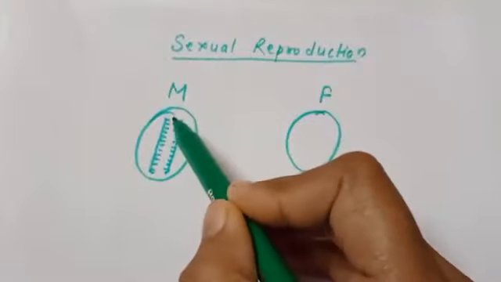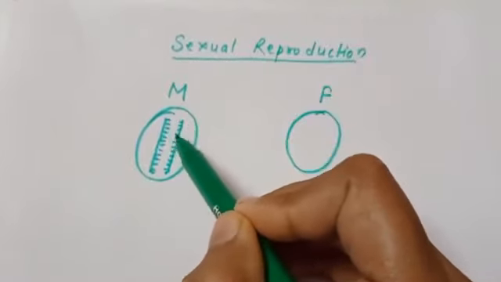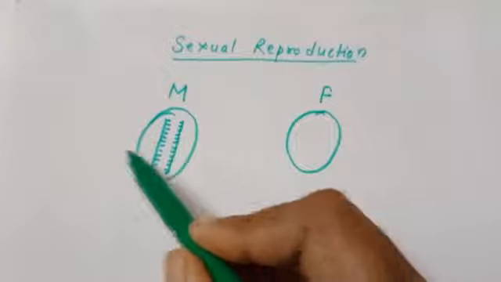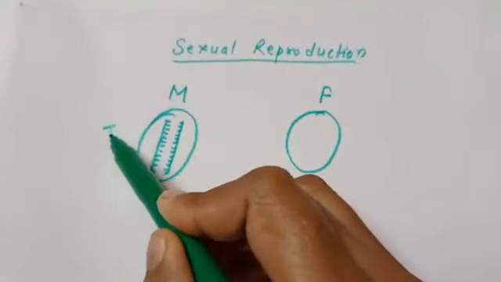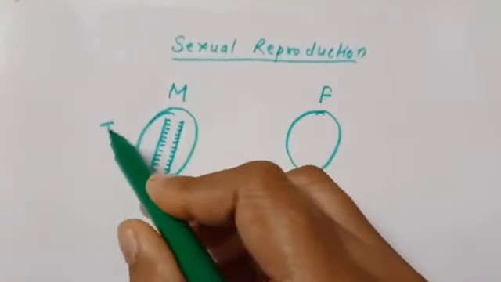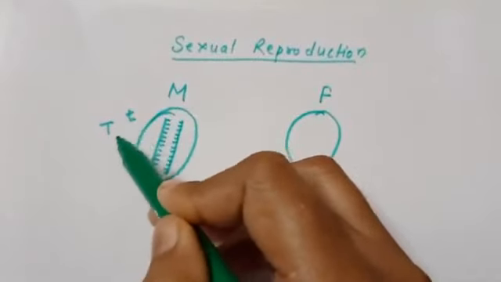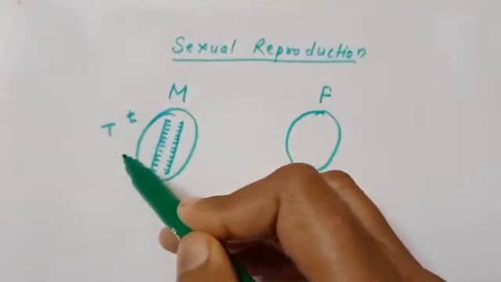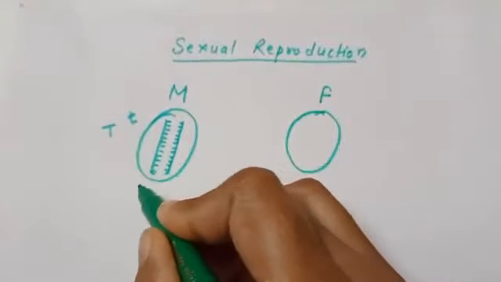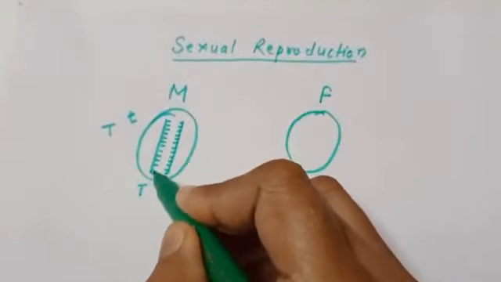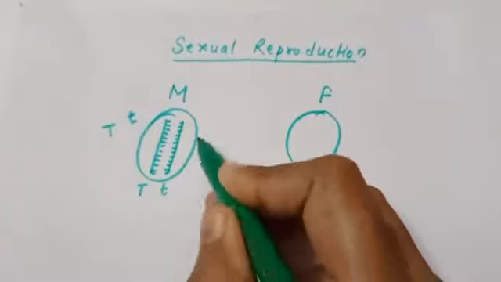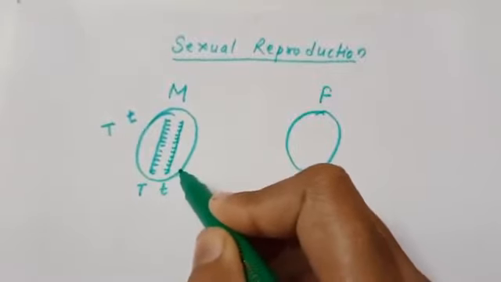For example, if the characteristic of height is denoted by T, and we have capital T and small t as a pair of genes representing height, then let's say capital T is on the first strand and small t is on the second strand of the male germ cell.